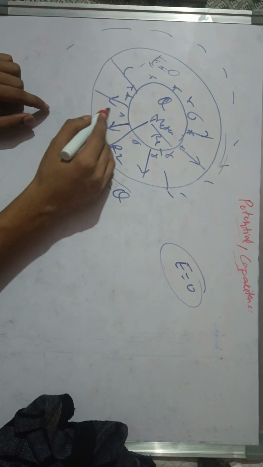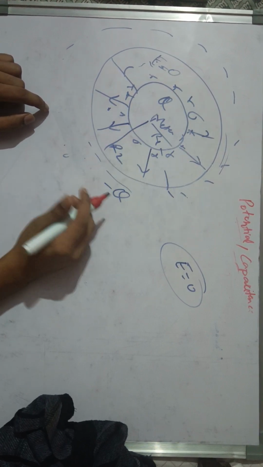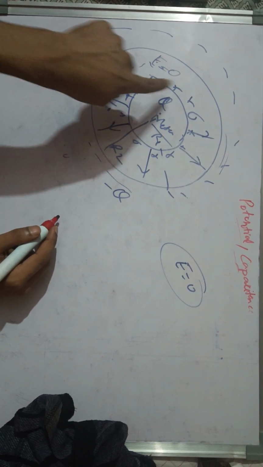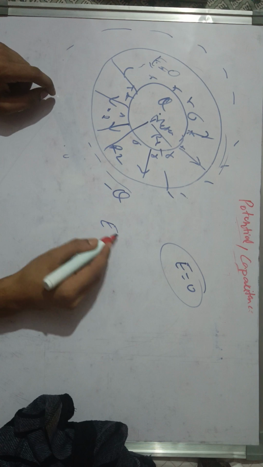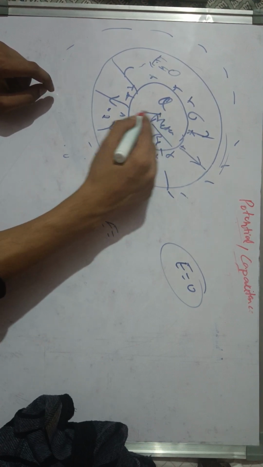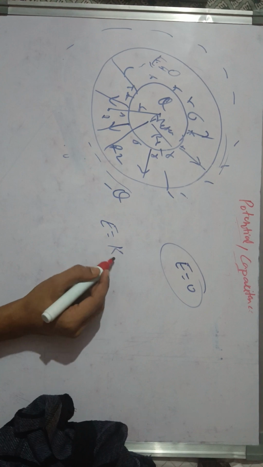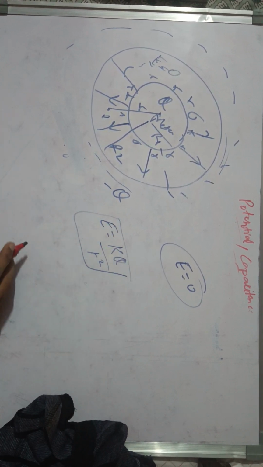Since the point P is taken outside this shell, we can treat the charge as being at the center point. So the field due to this Q shell charge at this point P, at distance r from the center, would be kQ over r square. This is the formula of the electric field.